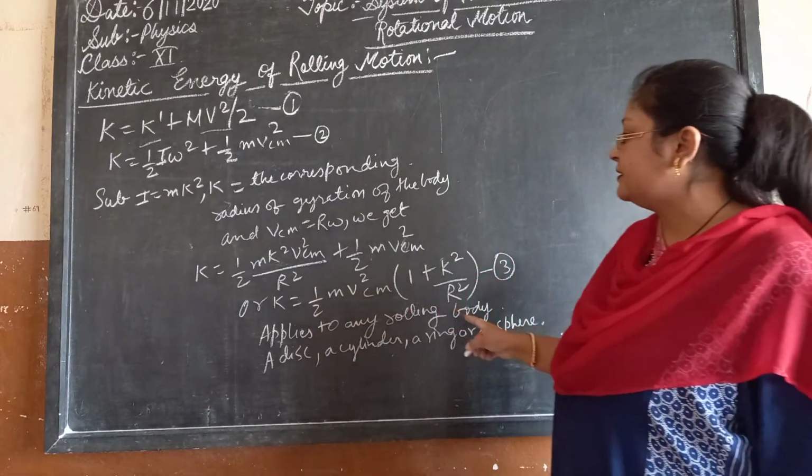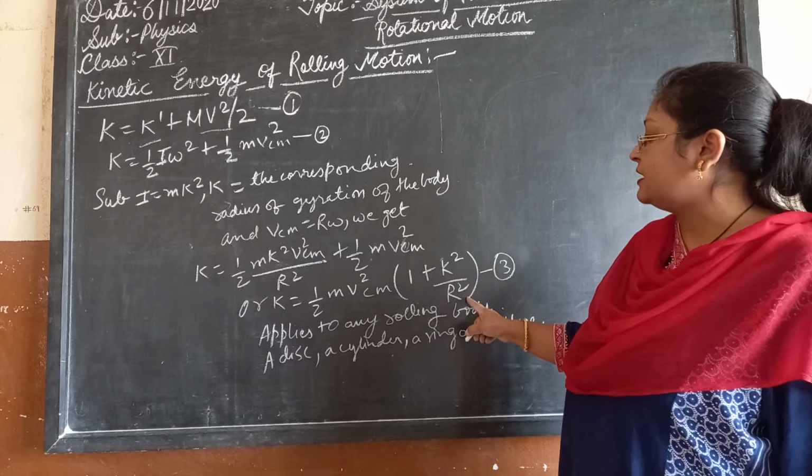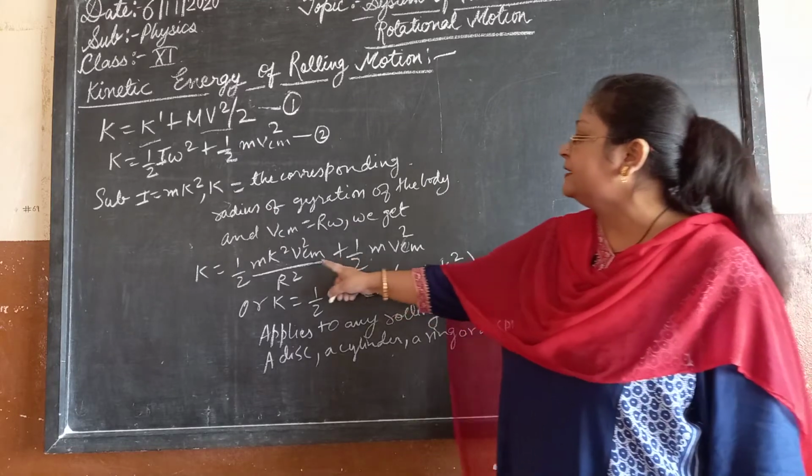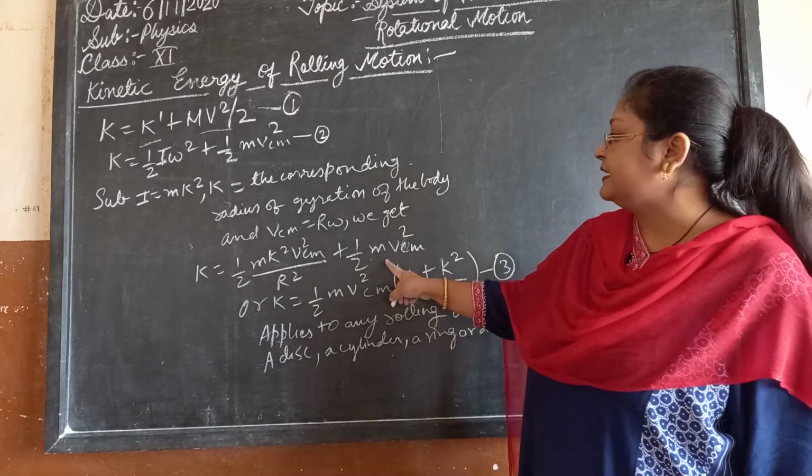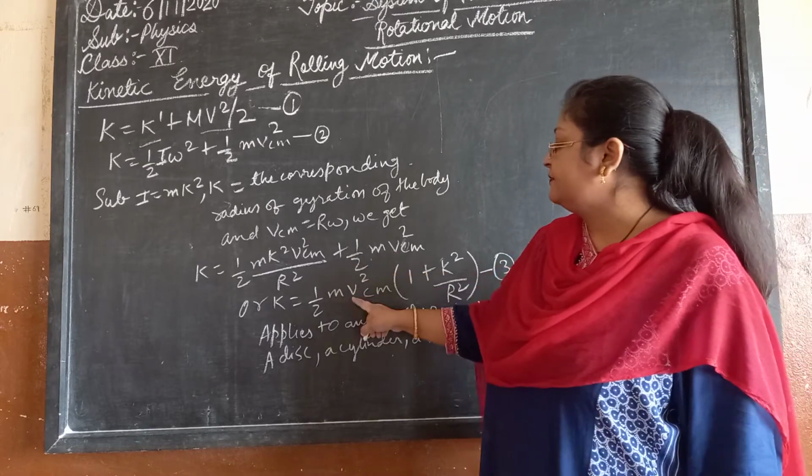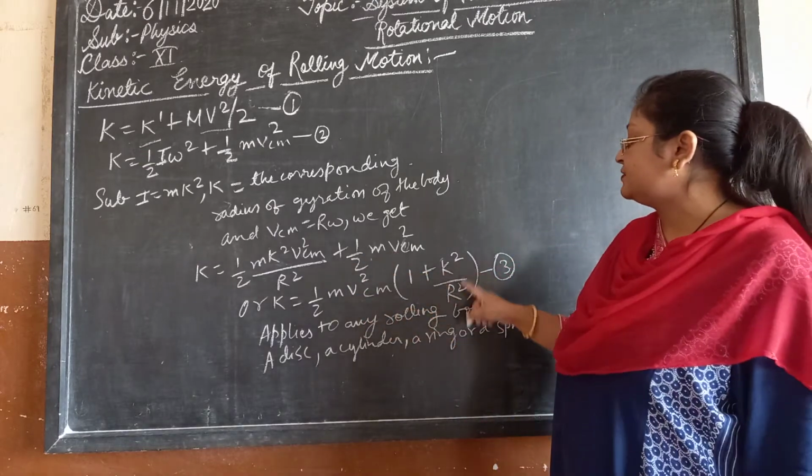We can take out the common value, k square upon r square from the first part, and from both parts we can take m vcm square common, giving 1 plus k square upon r square.